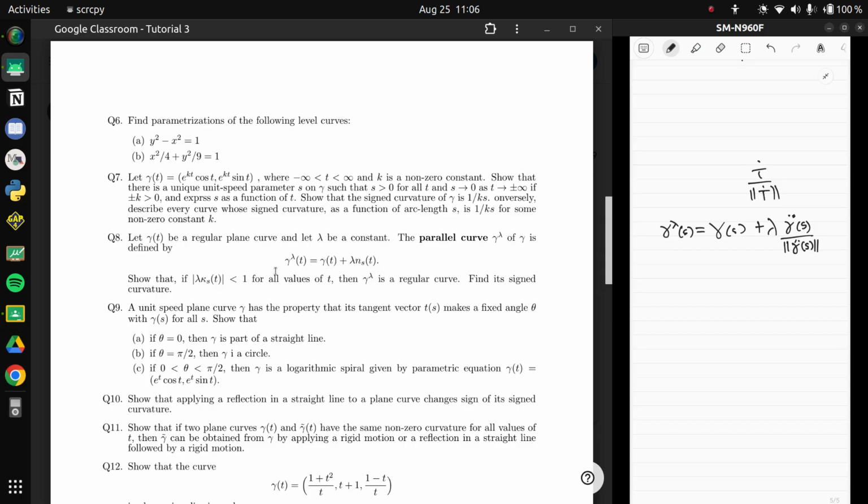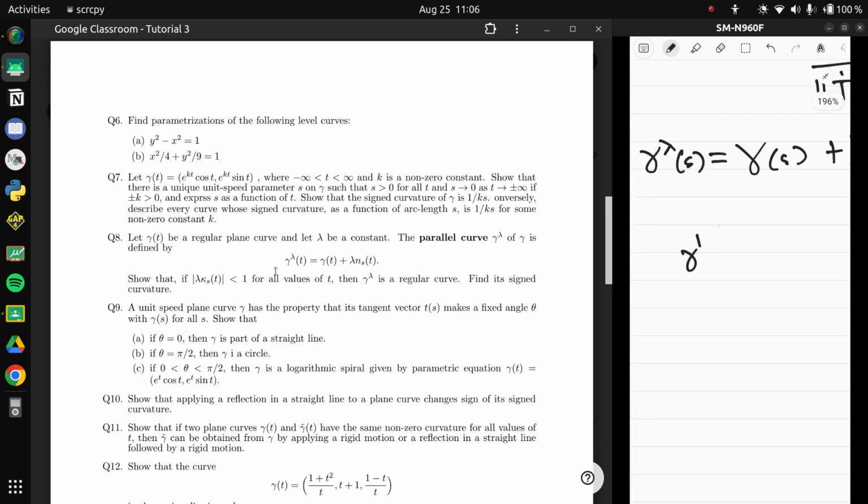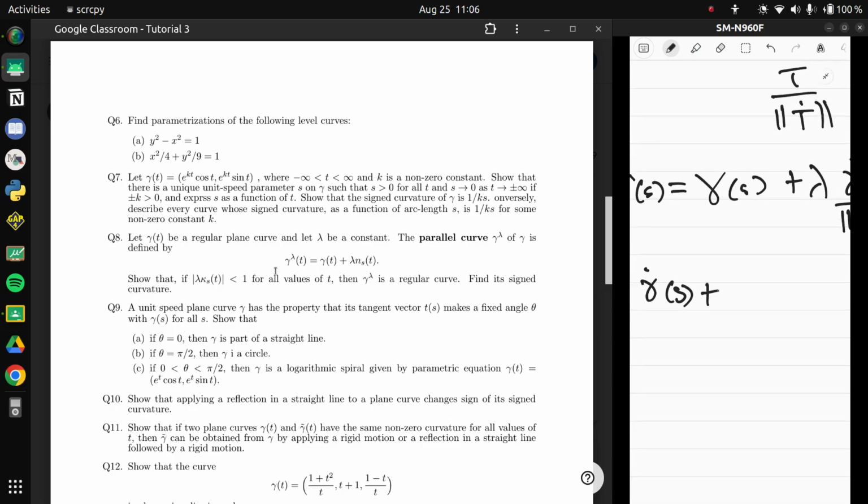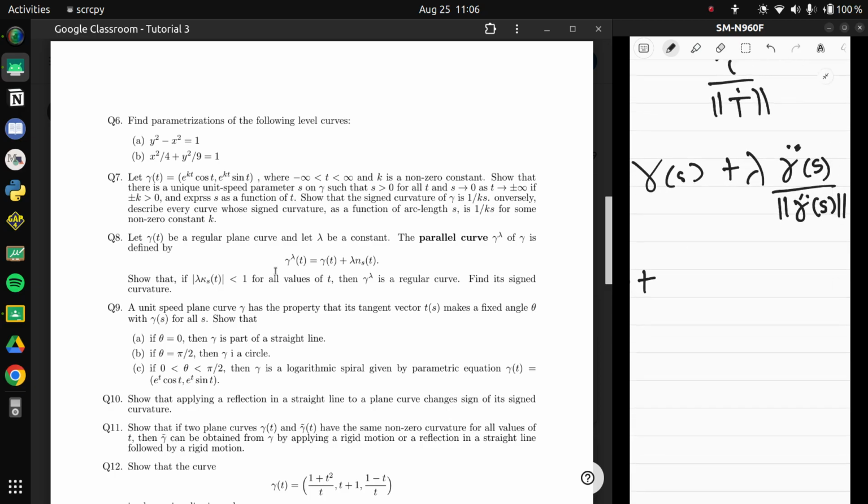So now we want to show that this is a regular curve. So take this guy's derivative. You have gamma dot of s, some sort of unit vector, plus this guy's derivative with respect to s. So it would be lambda gamma triple dot s for the magnitude of gamma dot s, sure.